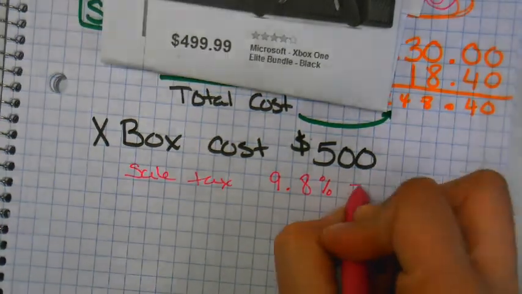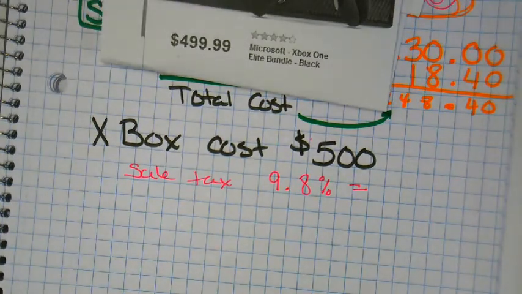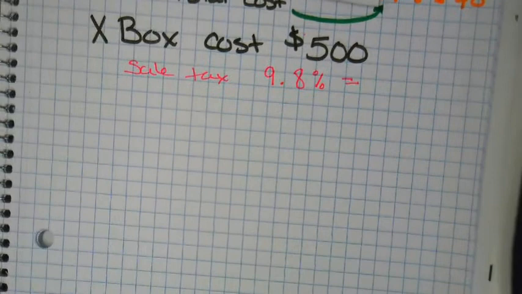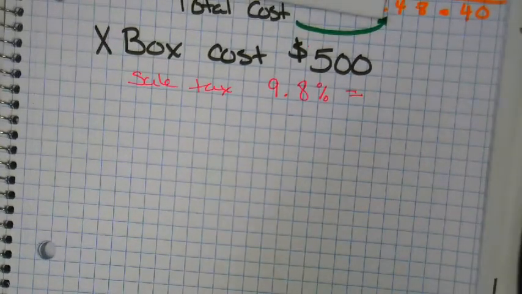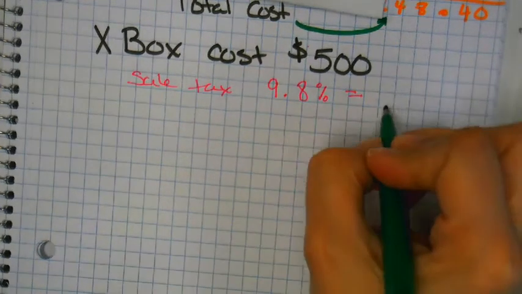So, my question to you is, 9.8% is what decimal? 0.098.